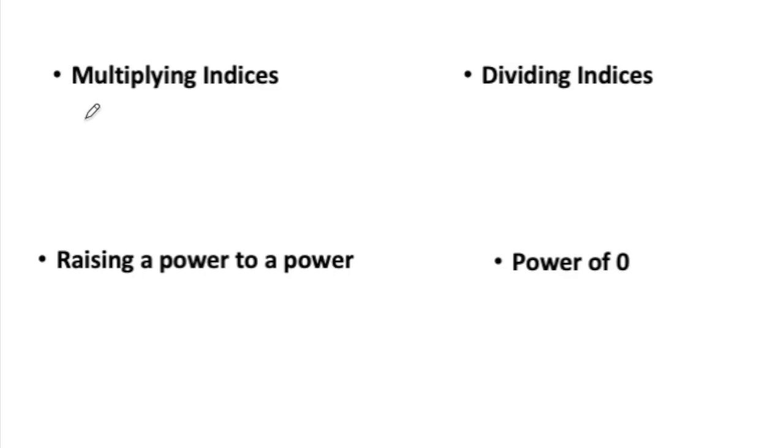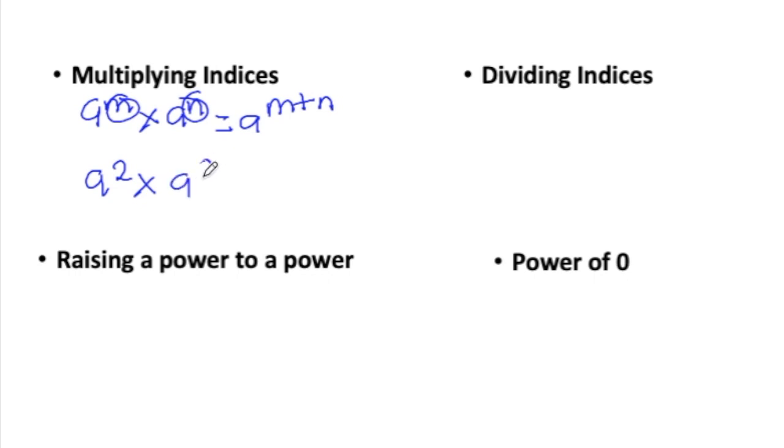So when you're multiplying indices, for example, a to the power of m times a to the power of n, you add the powers, so the answer will be a to the power m plus n. And another example, a to the power of 2 times a to the power of 2. You add the powers and it will give you a to the power of 4.